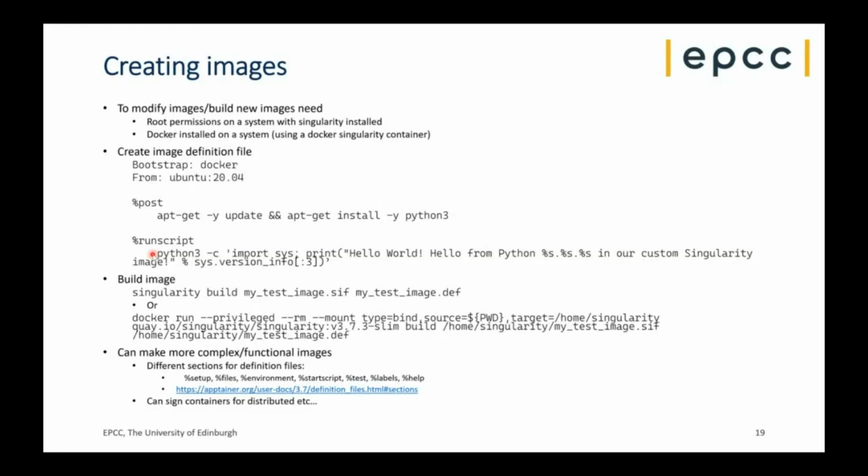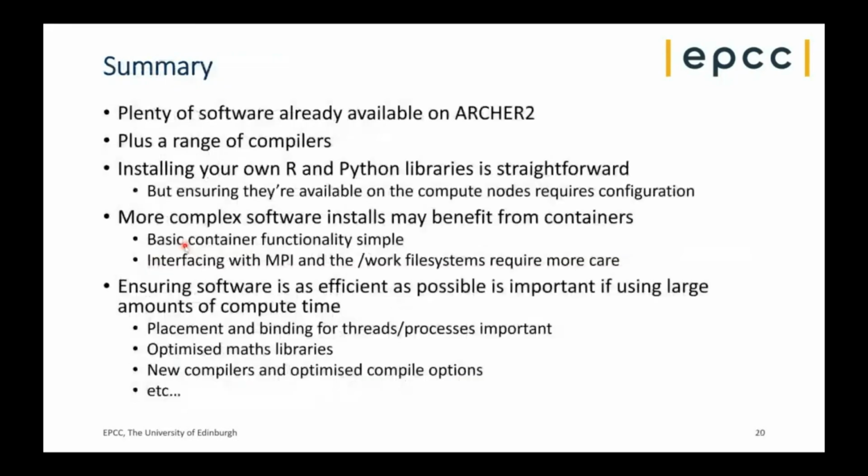You can't do that on ARCHER2 itself. You'd need to build it locally and then copy it across. The good thing is that there's lots of custom containers set up already out there that you probably don't need to do much changing, and you can probably just use them as is.